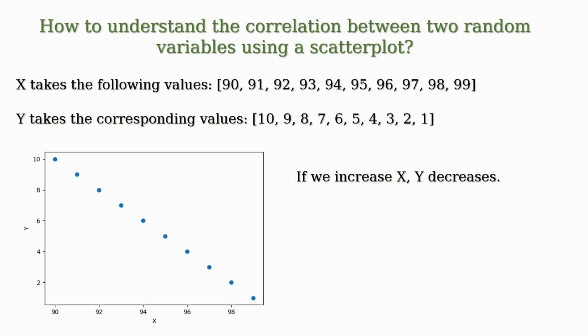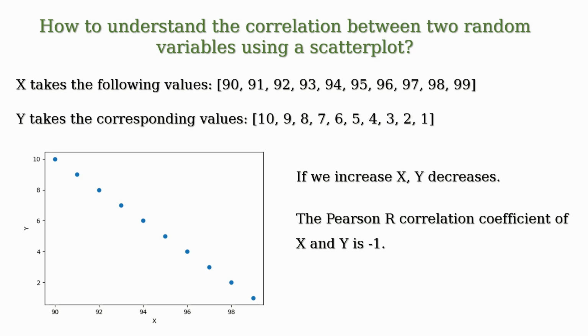At this point, if we calculate the Pearson-R correlation coefficient between x and y, we will see that the Pearson-R correlation coefficient of x and y is -1. It means x and y are perfectly negatively correlated. In other words, if we increase x, y decreases, and the relationship between x and y is strong.